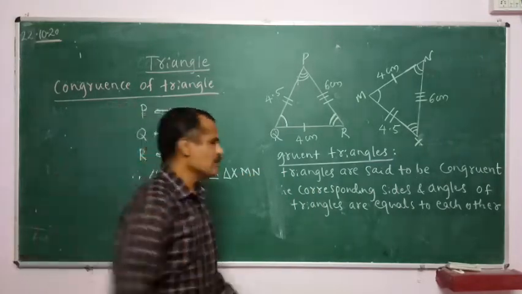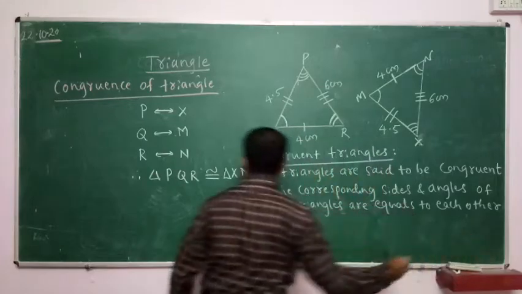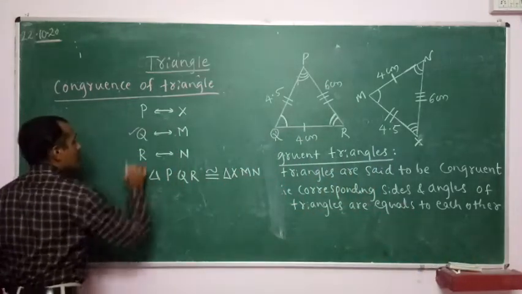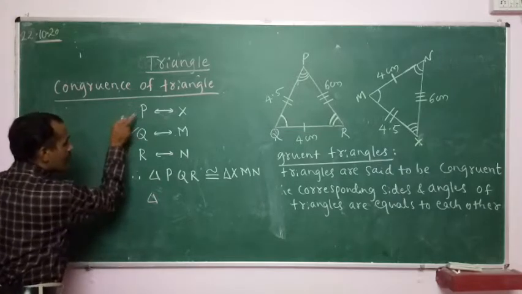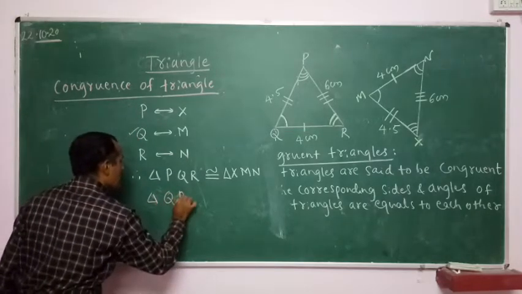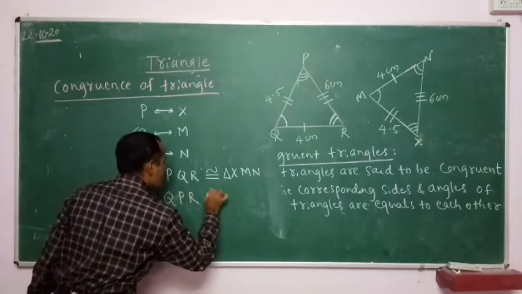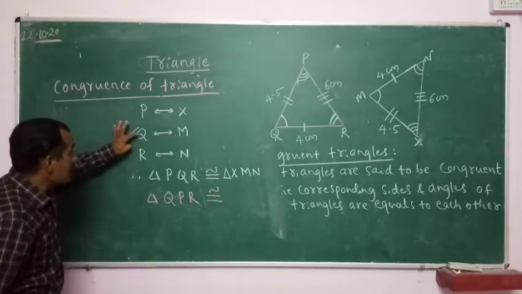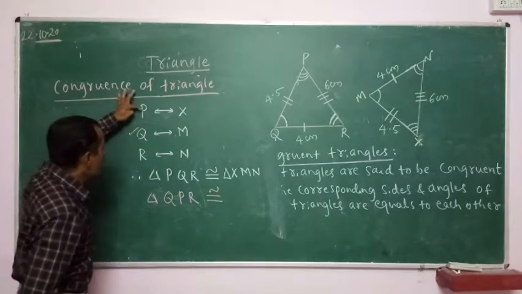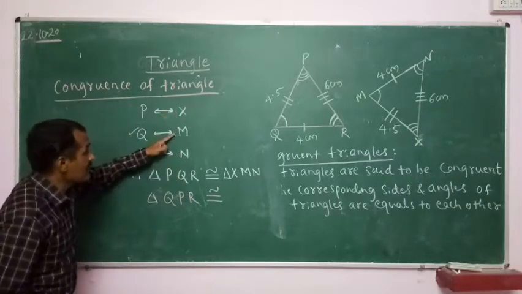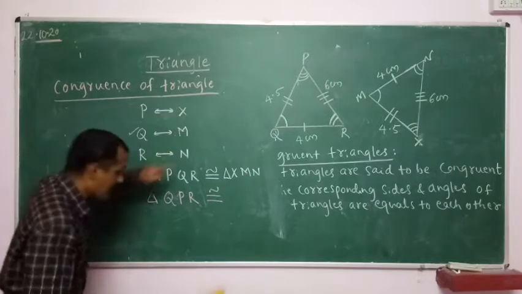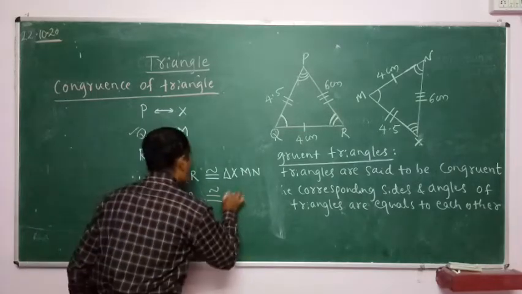Suppose you want to write in a different way. You can write in a different way also. Let's start from here. Triangle QPR is congruent to triangle MXN. If I start with QPR, I can't write XMN, I can write MXN.